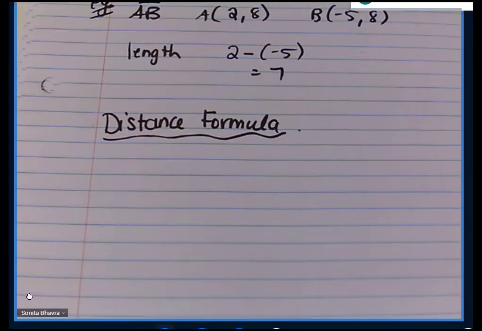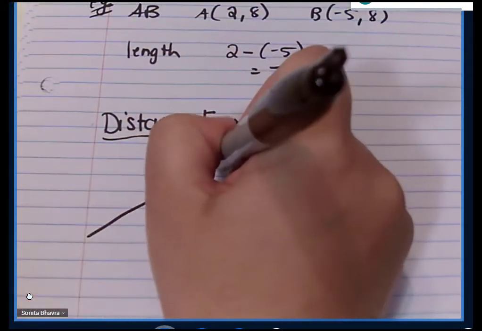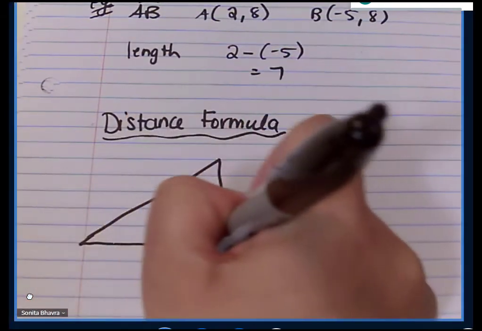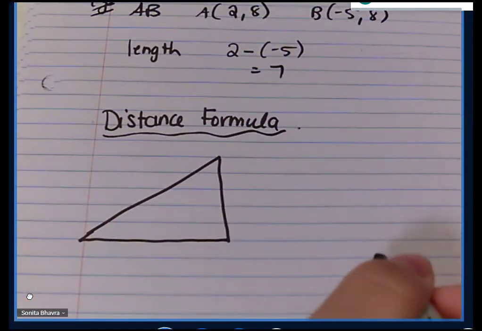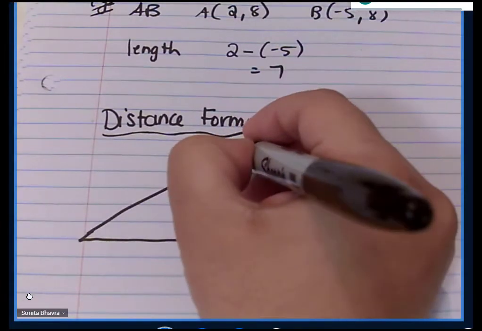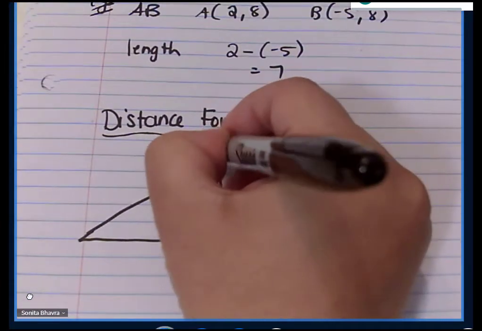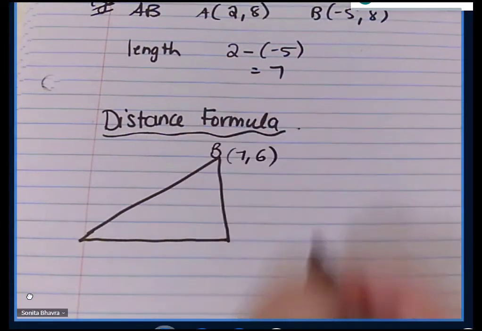The distance formula is actually derived from looking at the Pythagorean theorem. So let's do a quick example here. We're looking at a right triangle, and I am just going to do a quick sketch of it. Again, this is in the modules. We are told that this point here is point B, and it's 7, 6.